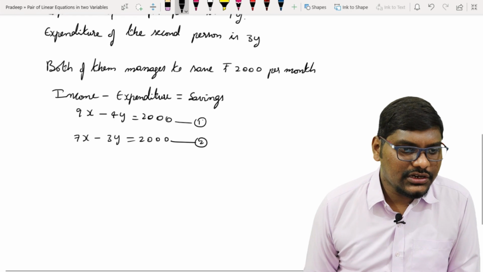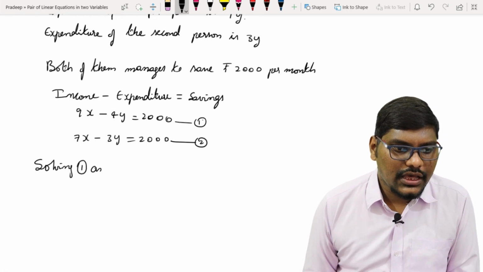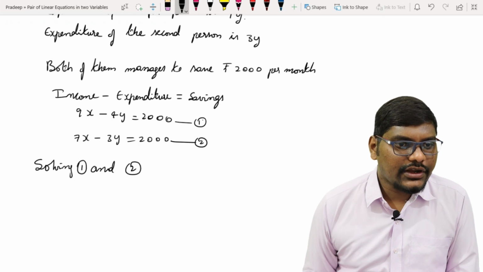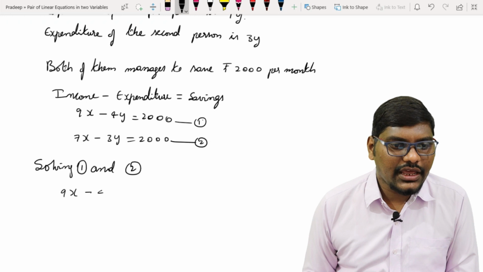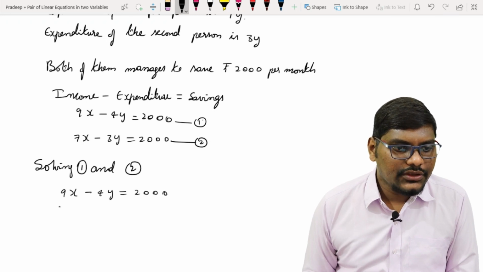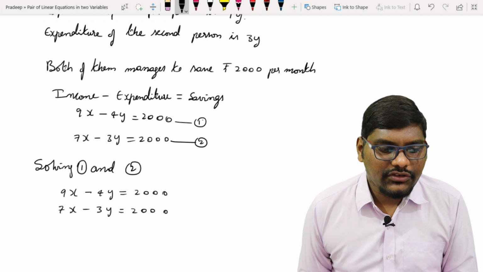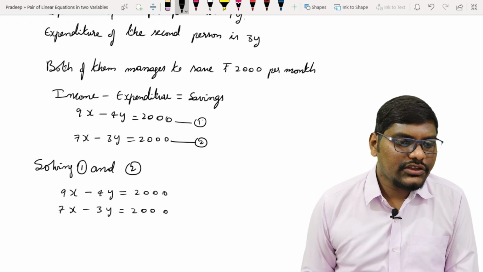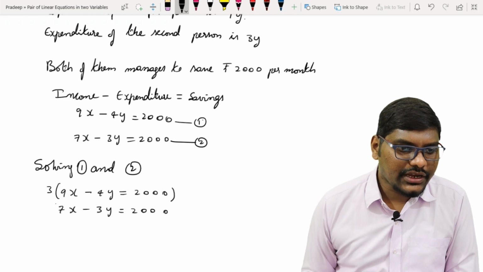So solving equations 1 and 2, I write the same equations: 9x minus 4y equal to 2000, and 7x minus 3y equal to 2000. What I do is multiply the first equation by 3 and the second equation by 4.